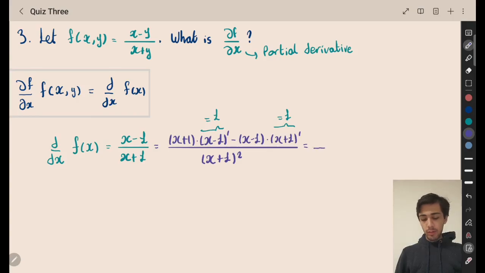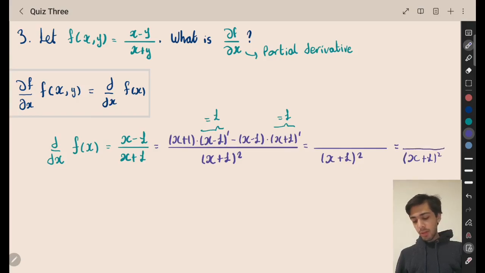In the end, we get the following. x plus 1 squared remains, and on top it's this negative sign that we need to be careful with.